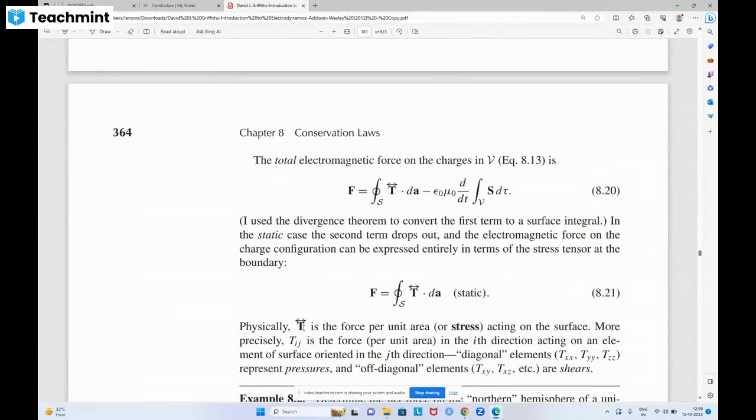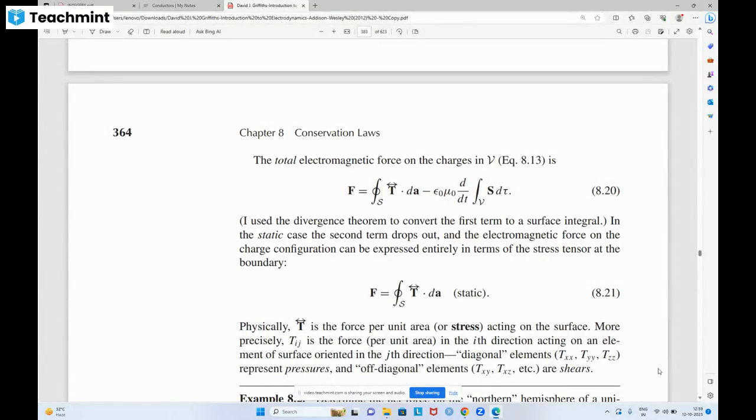Physically, T is the force per unit area, or stress, acting on the surface. More precisely, T_ij is the force per unit area in the ith direction acting on the element of surface oriented in the jth direction.